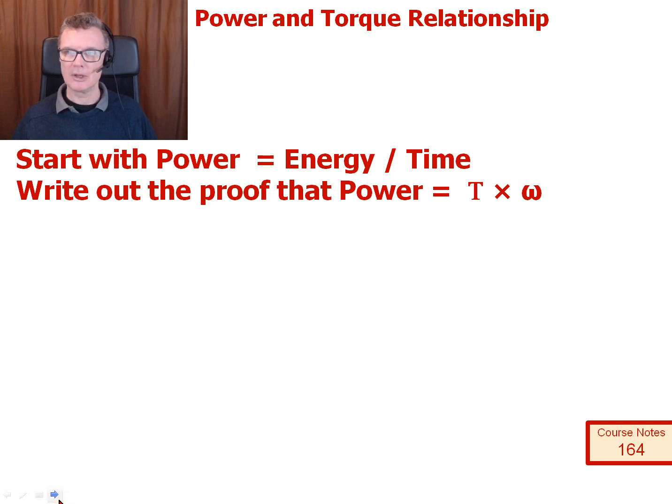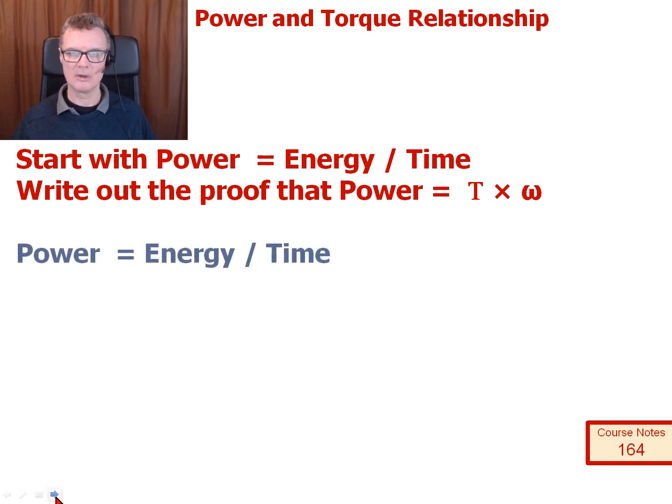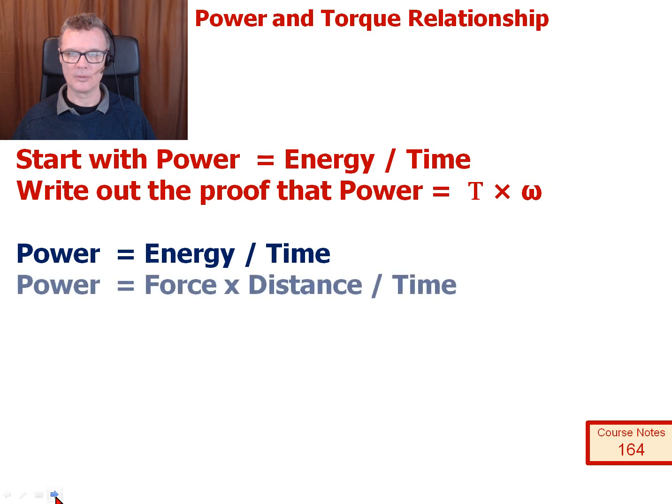If you're stuck at this position, let me give you the first hint. The first hint is that energy is force times distance. Okay. So does that give you any clue? Can you work it out from that line now?